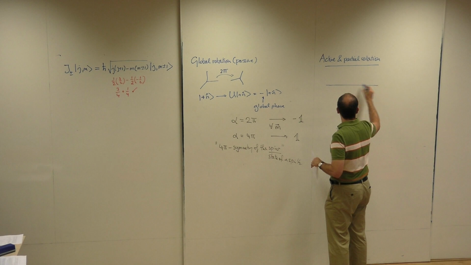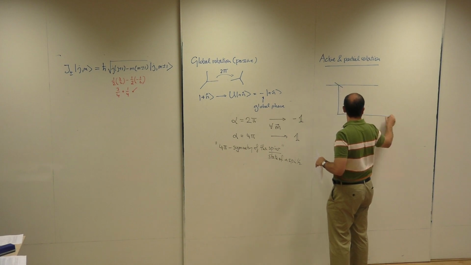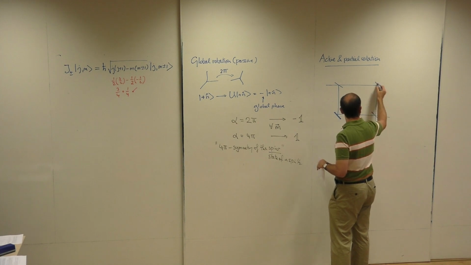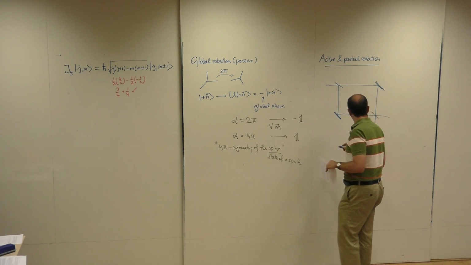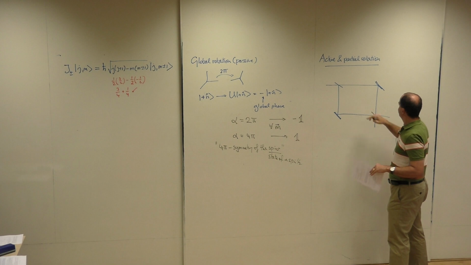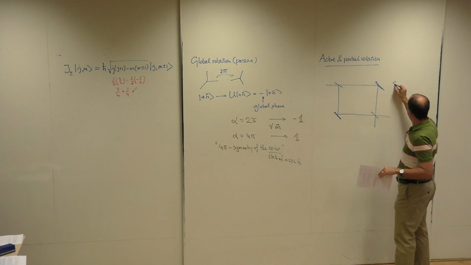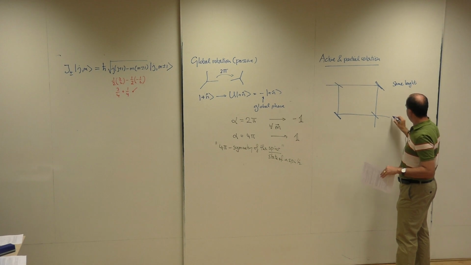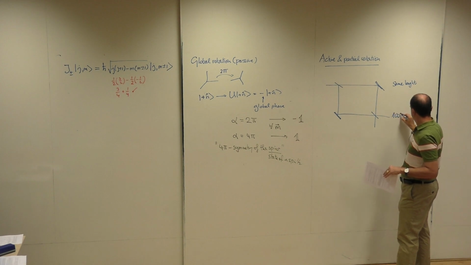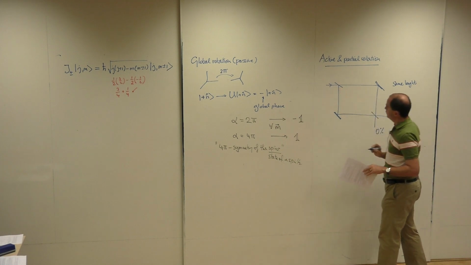Let's go back to our beloved Mach-Zehnder interferometer we had in a tutorial. If you remember correctly, if the paths have the same length, the probability was 100% here and 0% here, if I come in from there.